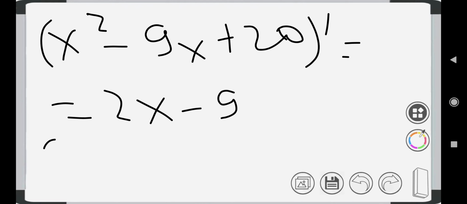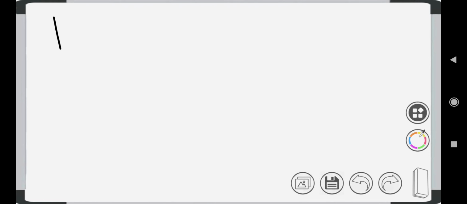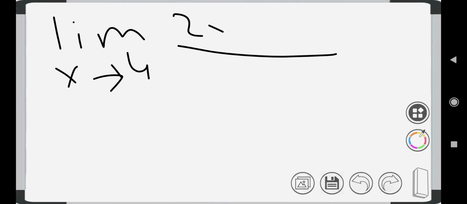And if we take the derivative of x minus 4, we just get 1, because the derivative of x is 1 and the derivative of 4 is 0. So we have 2x minus 9 divided by 1. Let's rewrite our limit equation. We have the limit as x approaches 4 of 2x minus 9 divided by 1.